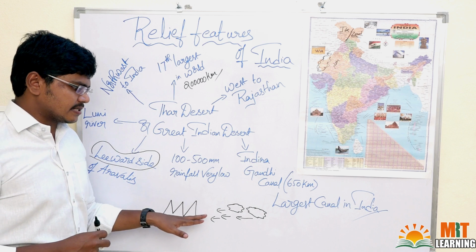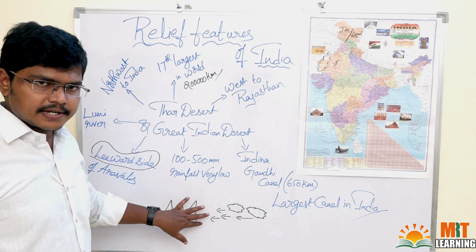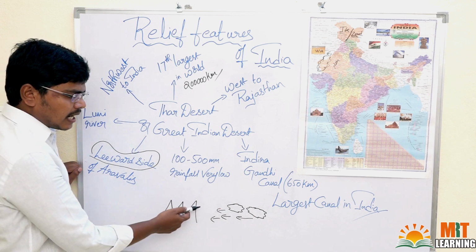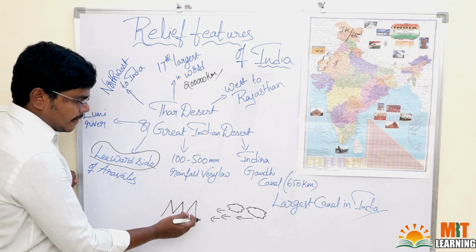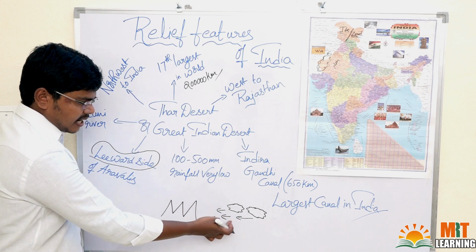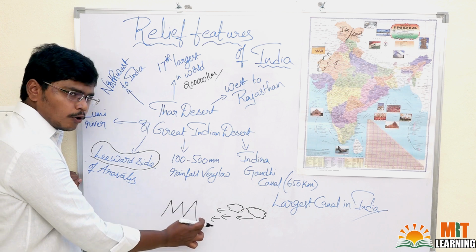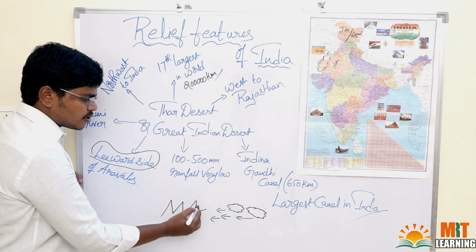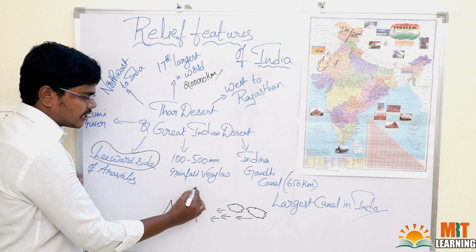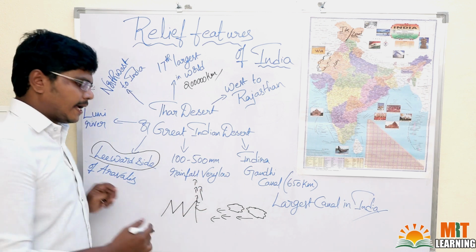Okay, now here, very important thing, the clouds are coming towards this direction. When the clouds come near these mountains, because of this slope, the wind direction changes towards the upward direction. That means the wind blows upward. What happens then?